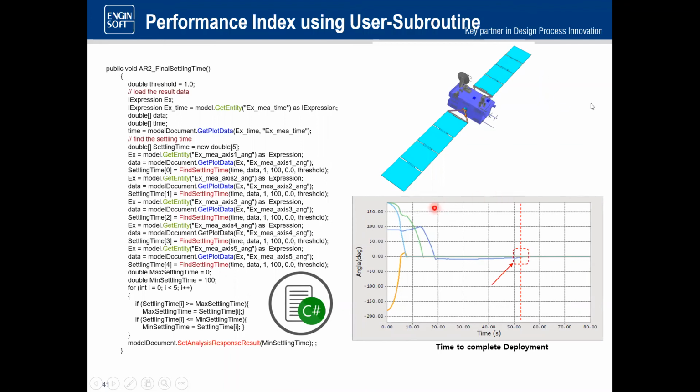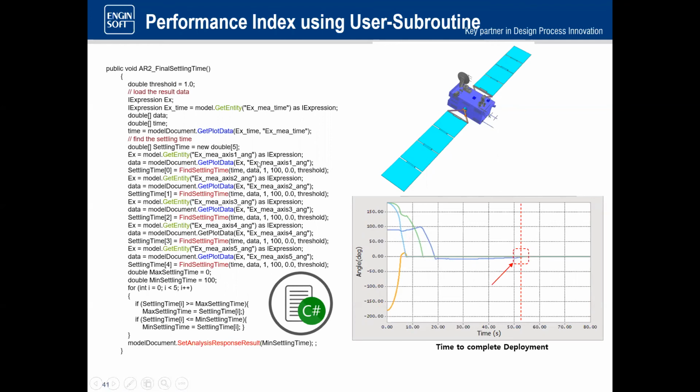So often, we're using these expressions to come up with the performance indices, but we do have the option to use user subroutines or the ProcessNet. So this shows a C# subroutine that's used to come up with the final settling time, looking at all the different panels. So this is C#, it's done with ProcessNet. These are standard ProcessNet functions.